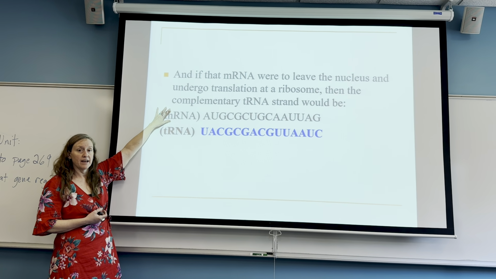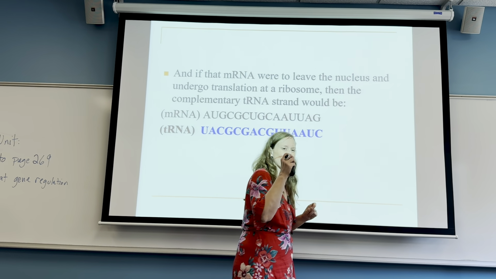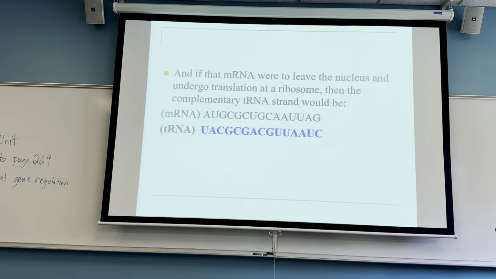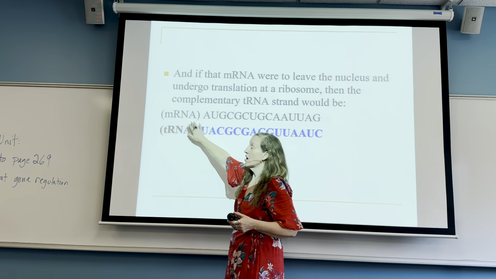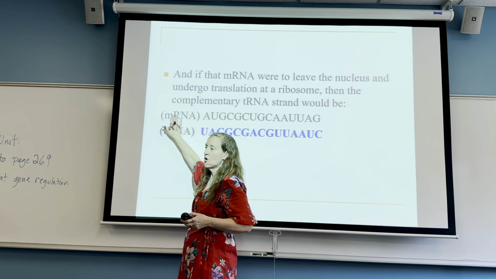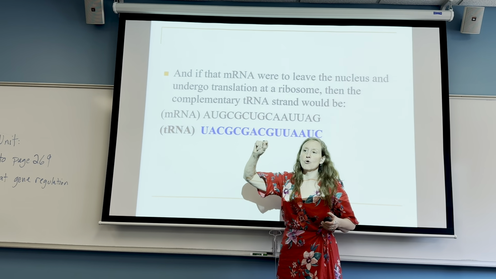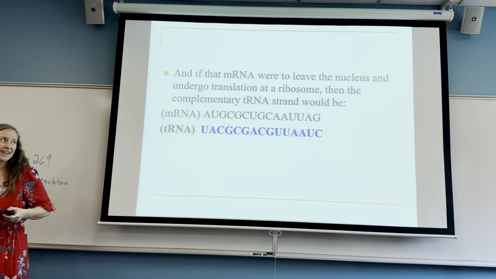Don't forget, the mRNA codes for the amino acids. When you have the amino acid chart, you're always going to look up the mRNA codons. Every 3 mRNA nucleotides code for an amino acid.